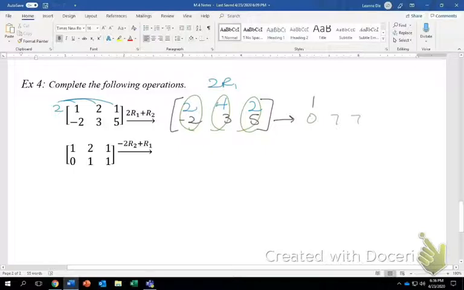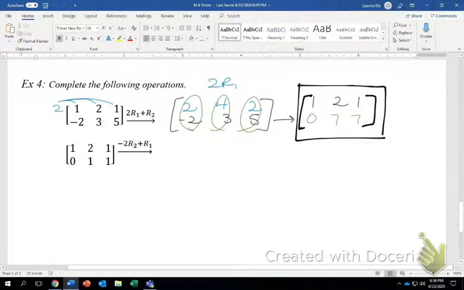Okay, and so remember that when we're doing this, this is only replacing row 2. So I'm going to take my row 1 from the beginning, and this becomes my answer. Again, this is where a lot of people make mistakes because they're not used to this process.